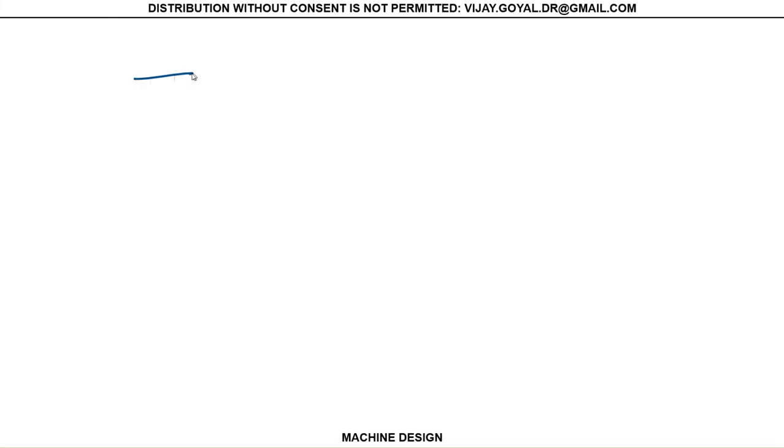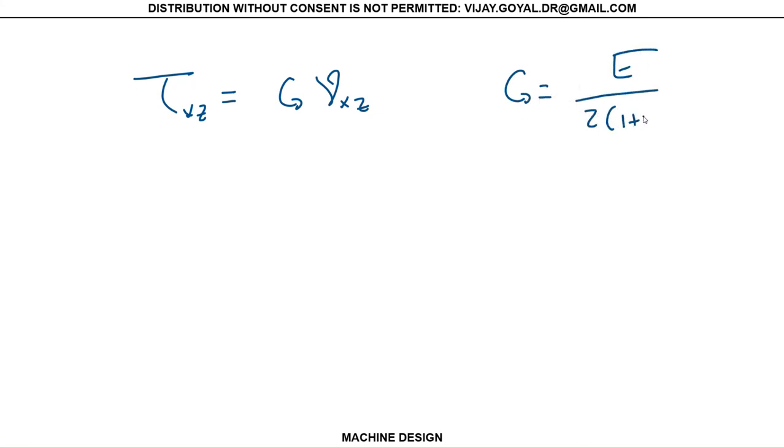Tau xz, and that would be G times gamma xz. And I know that G is equal to E over 2 times 1 plus nu. The problem doesn't give me that value, so I can find it. And that gives you a value of 80 megapascals.